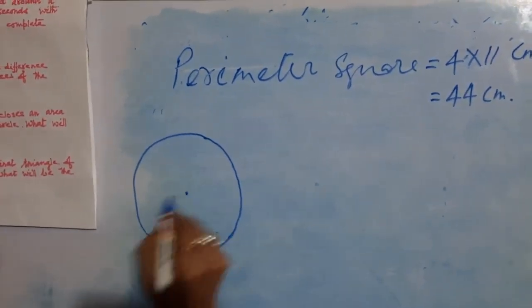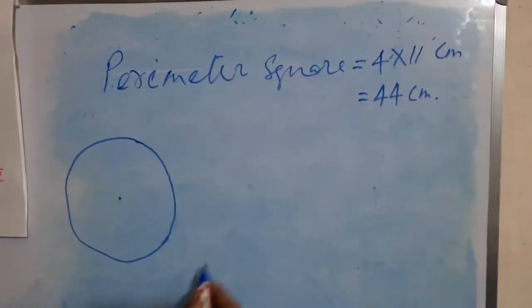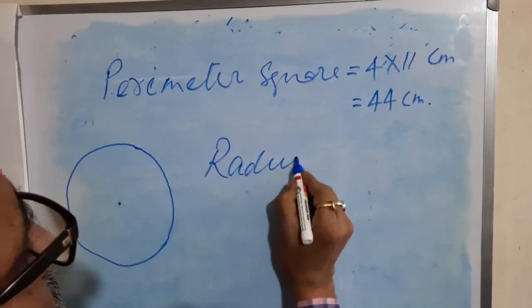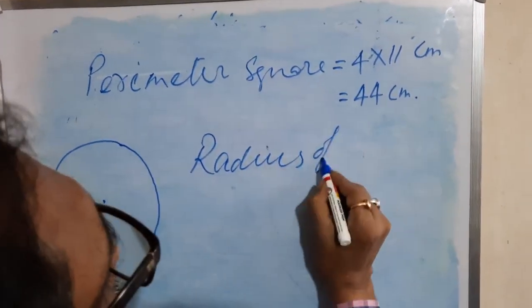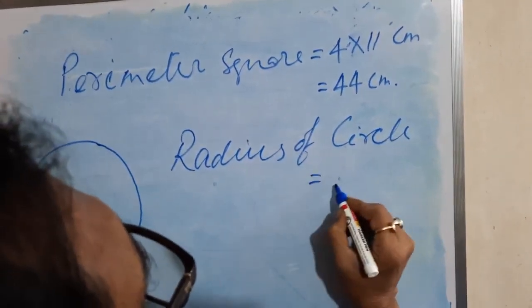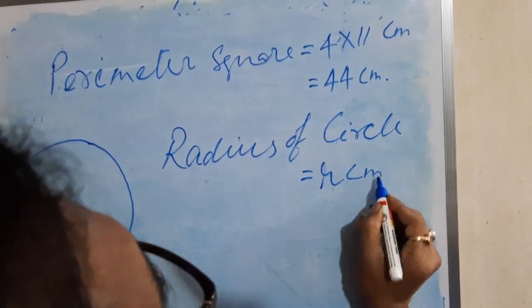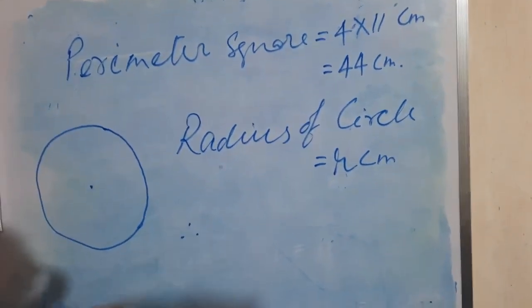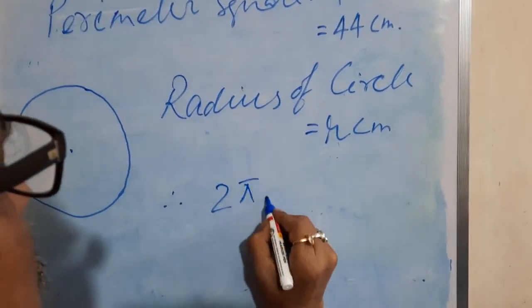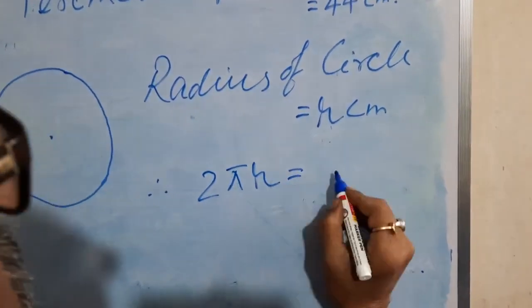circle. Let us suppose that the radius of the circle is equal to r centimeter. Therefore, circumference of the circle is equal to 2 pi r. That is equal to the perimeter of the square.